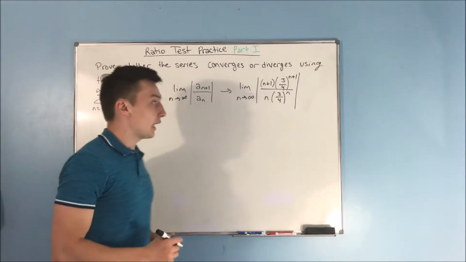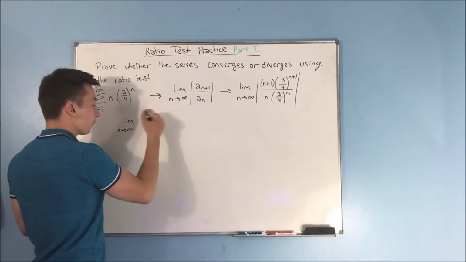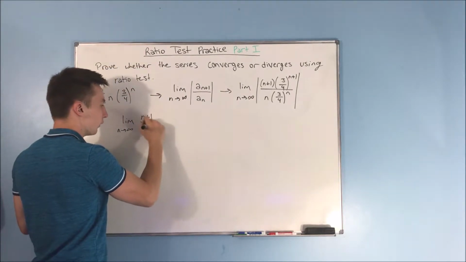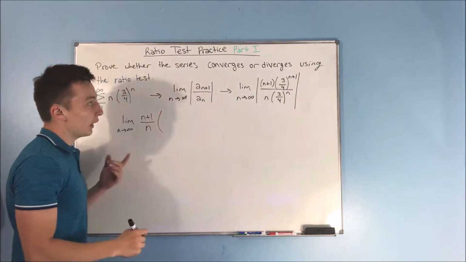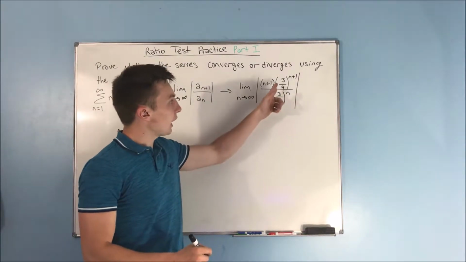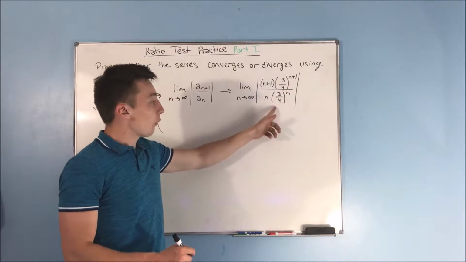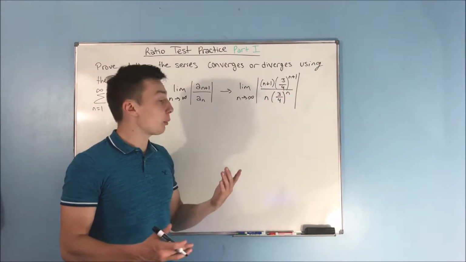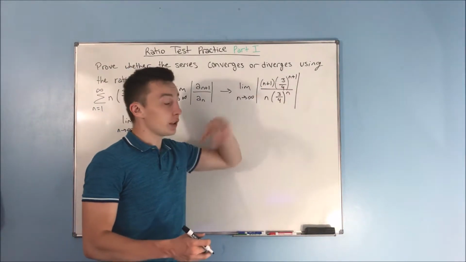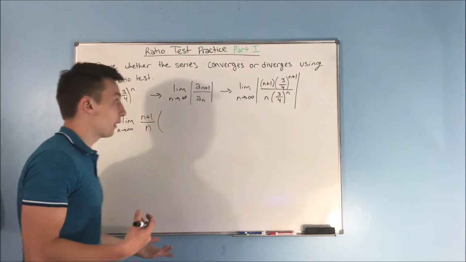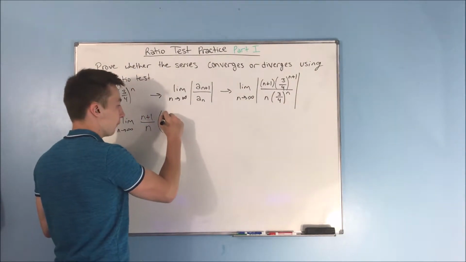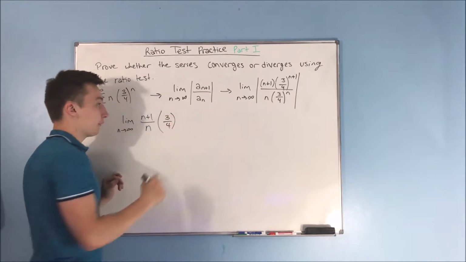That's multiplied by 3/4 to the n plus 1 over 3/4 to the n. We can use our exponent properties: the n's go away, and you're just left with 3/4 to the first power, just a little bit of subtraction there. So we just have a times 3/4.